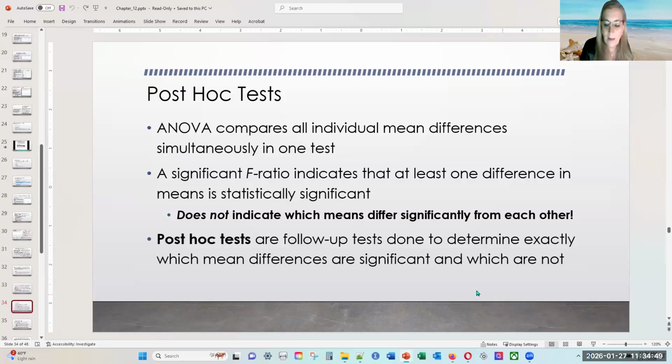I did mention earlier that the F-test compares all the mean differences simultaneously in one test, and that it does not tell us which group is different from the others. So what we do is perform post hoc tests to make that distinction.